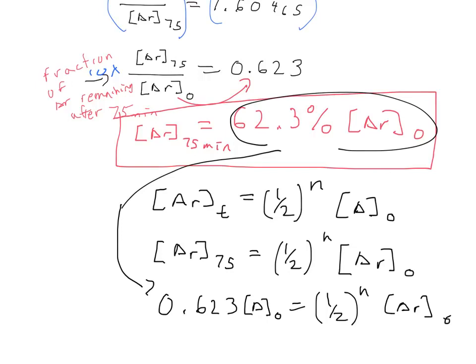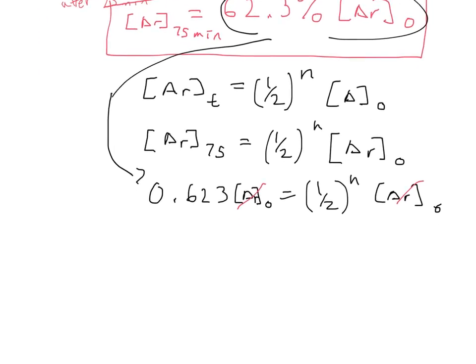a sub 0, and I keep saying a because we're using argon, same thing there. So that means that we can cross out that a sub 0, and we're now at 0.623 equals 1/2 to the n power. So I can solve for my value for n by taking the log of both sides.